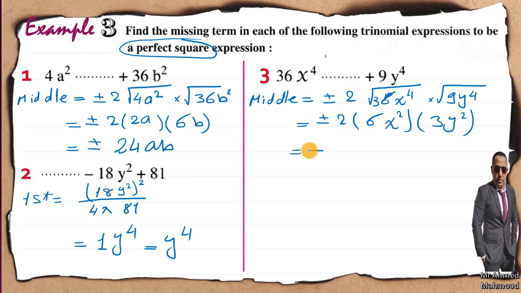Which equals negative or positive 2 times 6 times 3 equals 36x to the power of 2 y to the power of 2.